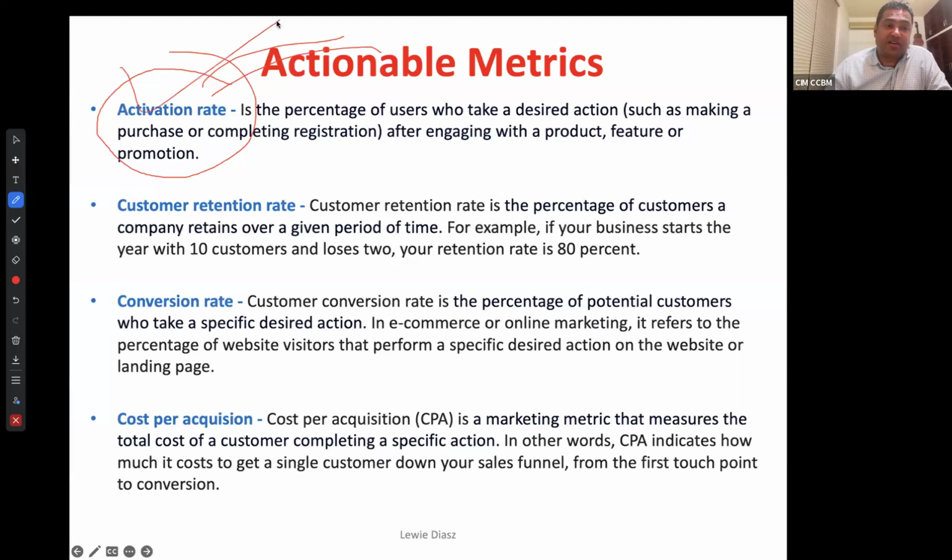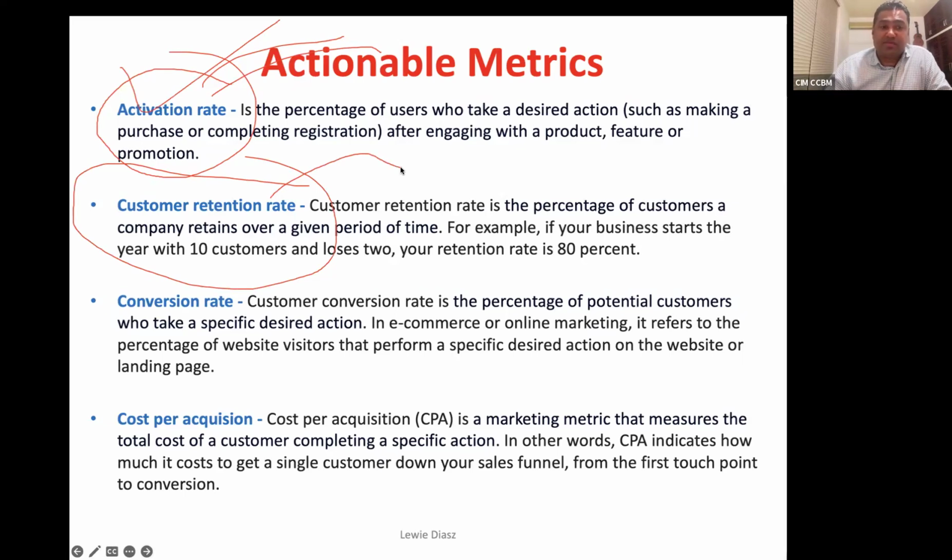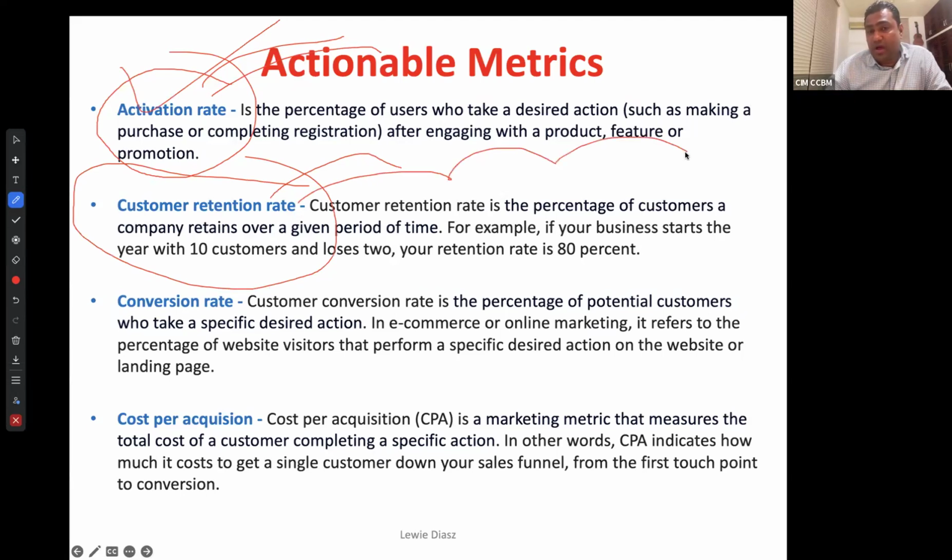That is an activation rate. Customer retention rate. So if you are an airline, how many customers fly with you regularly, at least 3 times a year? Or do customers go from one airline to the other? Then your retention rate is not great.